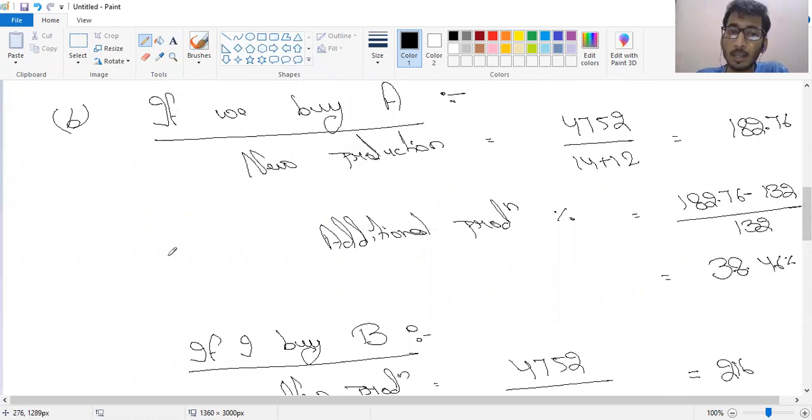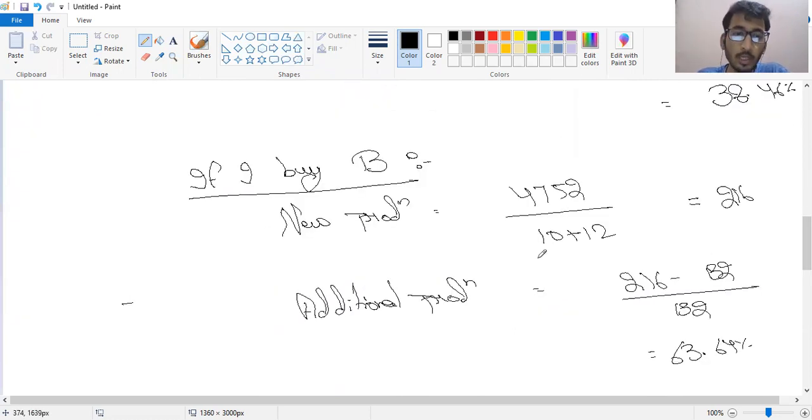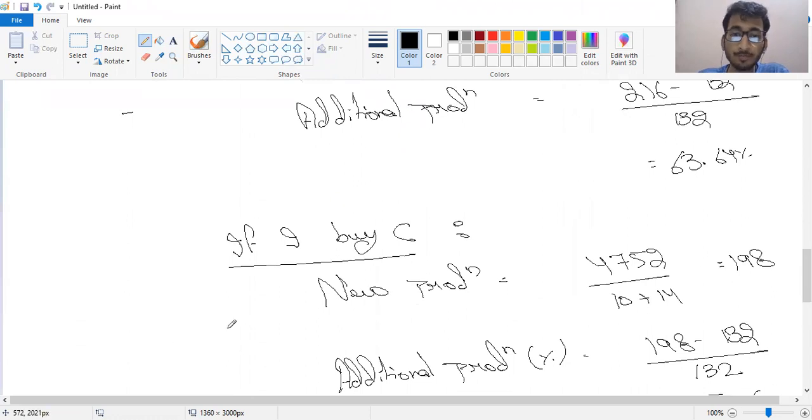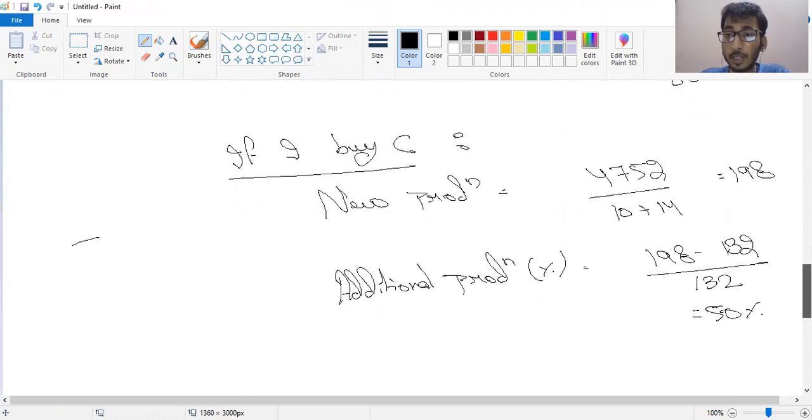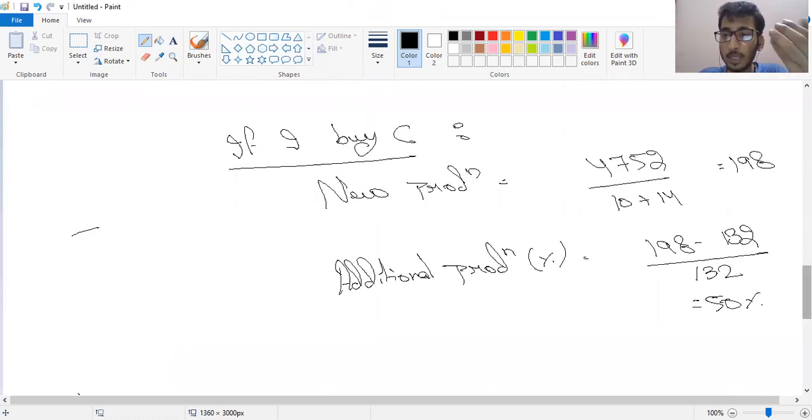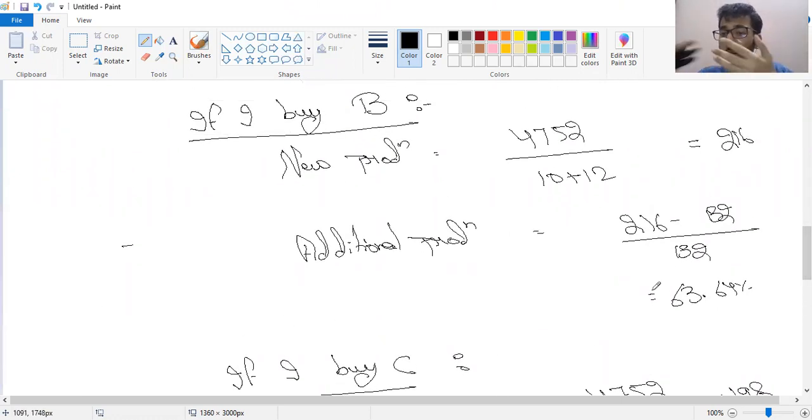So I can either buy B from outside or I can buy C from outside. Because by buying B, I'll be able to get additional production of 63%, and my additional demand would be 50%. So I'll be able to manufacture as per the demand.